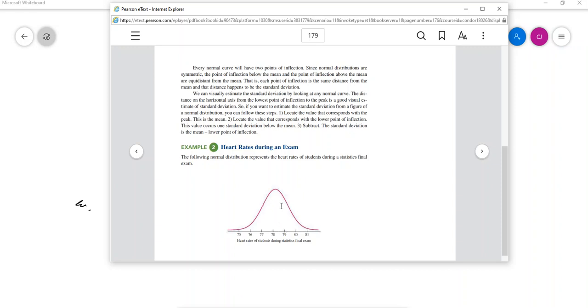That's a big chunk of the data. 76 up to 80. That's almost all of the students' heart rates in just a couple either way. So we would say that's a pretty small standard deviation, maybe about 1. And then if you go from 81 to 75, if I go 3, wow, that's capturing pretty much all of the data, right?